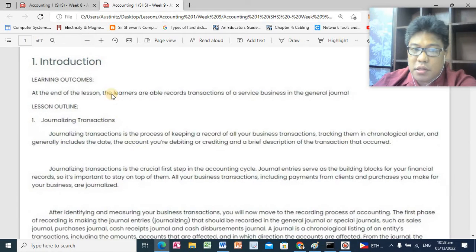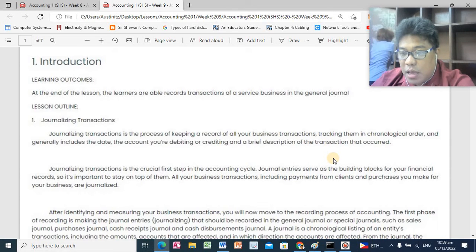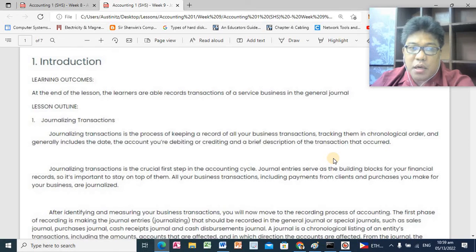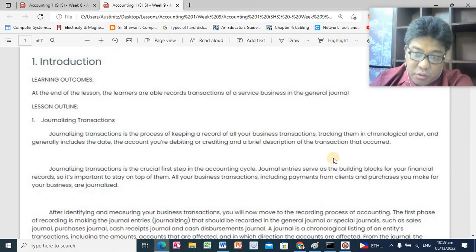Journalizing transactions is the process of keeping a record of all your business transactions, tracking them in chronological order as the transactions occur, and generally includes the date, the account you're debiting or crediting, and a brief description of the transaction that occurred.